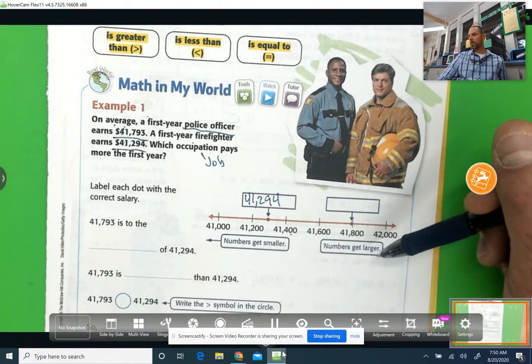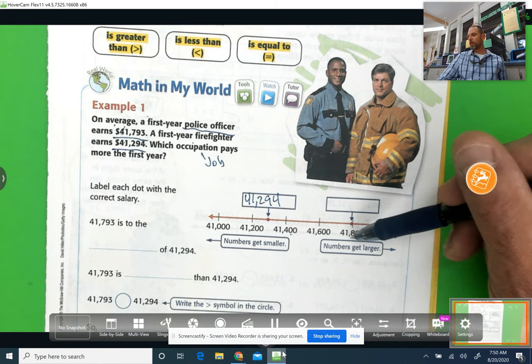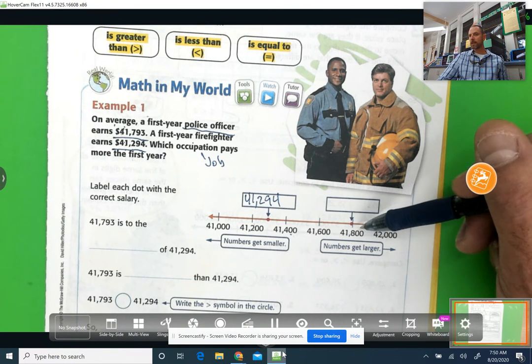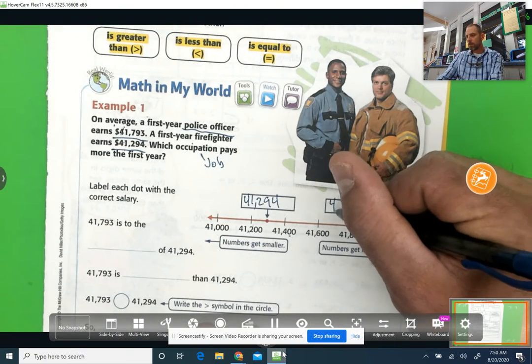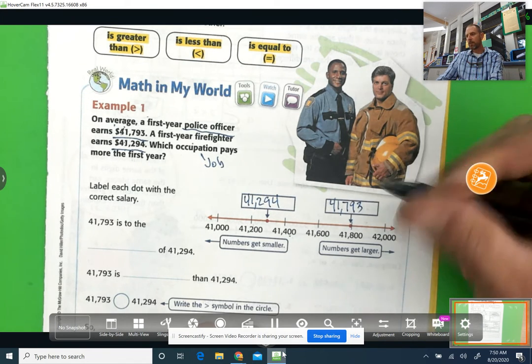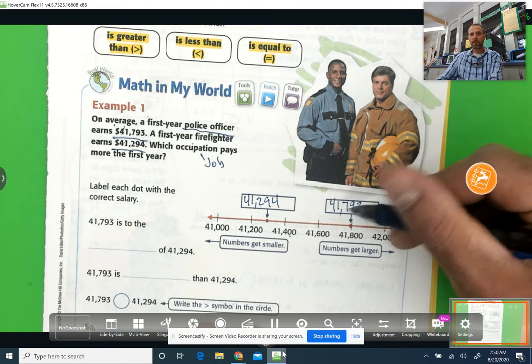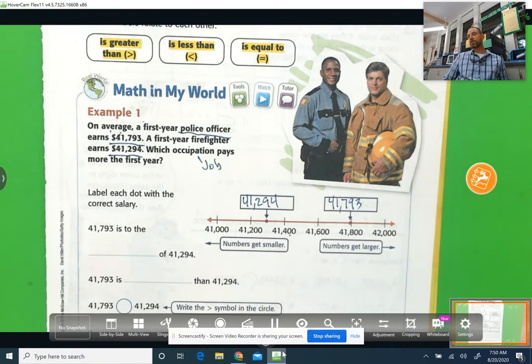Then I have this number over here that seems to be very close to 41,800. You can see the little dot is sitting just next to the line. It's not quite on top of it. That's my 41,793. And that dot now makes a whole lot of sense because this number is only 7 away from 41,800.